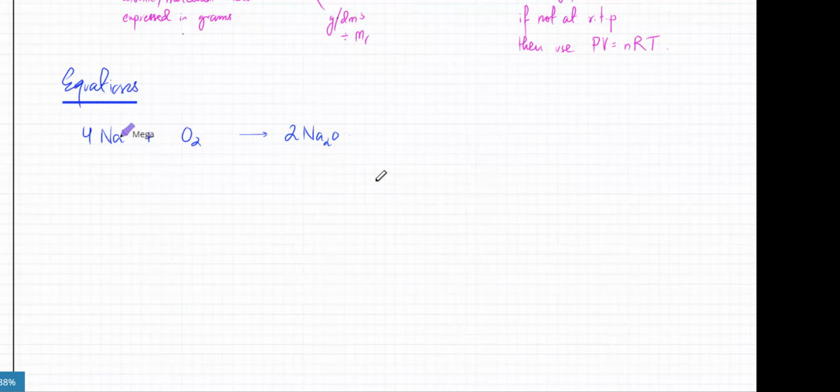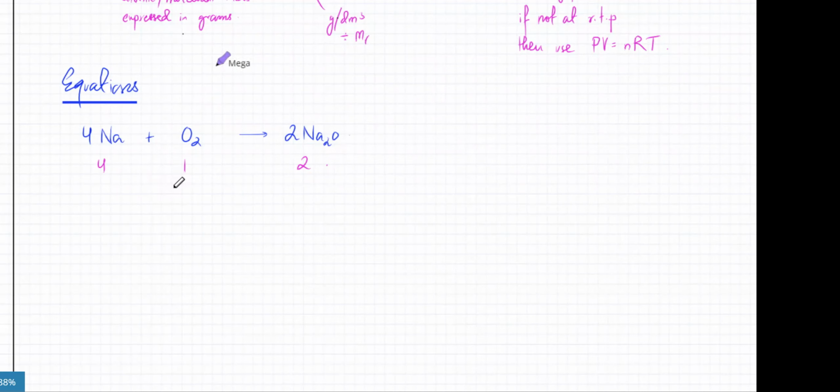That ratio is that you take 4 sodiums, mix in one oxygen, and as a result 2 molecules of sodium oxide are produced. So there's a specific ratio in which things mix. And that ratio is not the ratio of the mass. It's not the ratio of the volume. This ratio is specifically the ratio of moles.